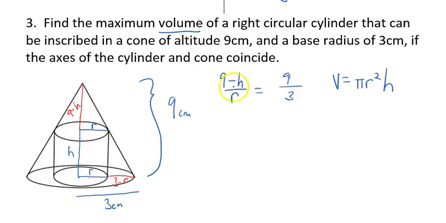So I'm going to solve this relationship over here for h. If I cross multiply, I get 3 times 9 minus h equals 9r. And if I go ahead and divide that by 3, I have 9 minus h equals 3r. And again, I'm trying to get that h by itself, so I'm going to first subtract 9.